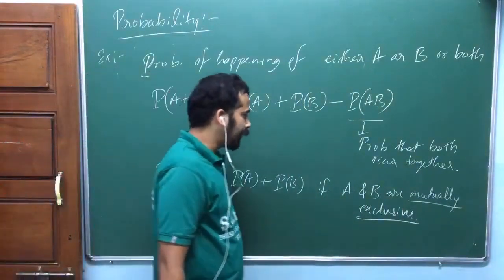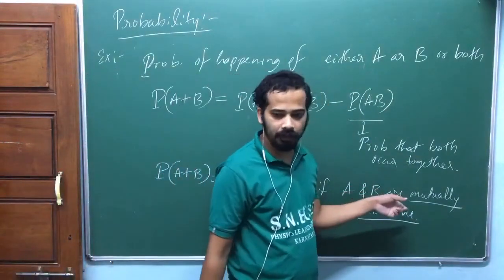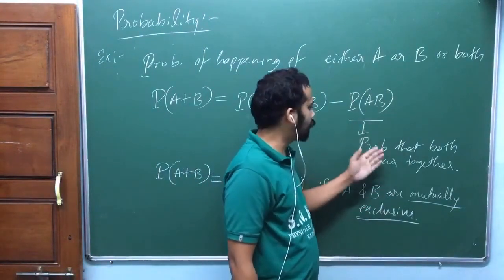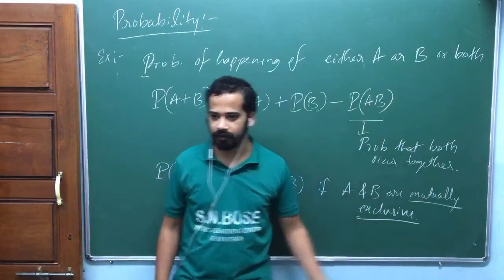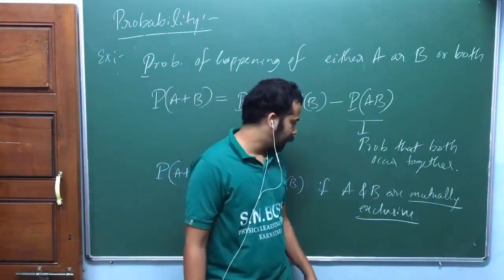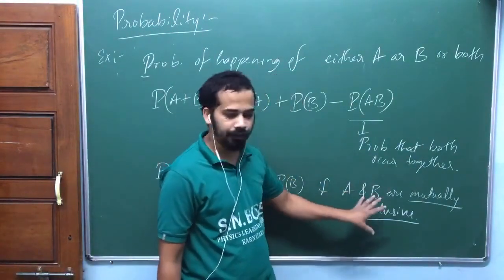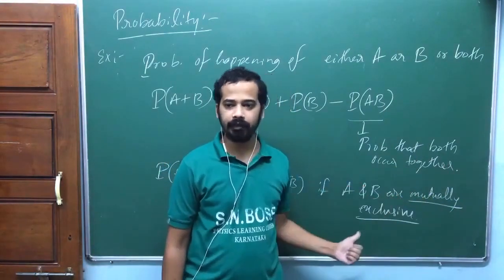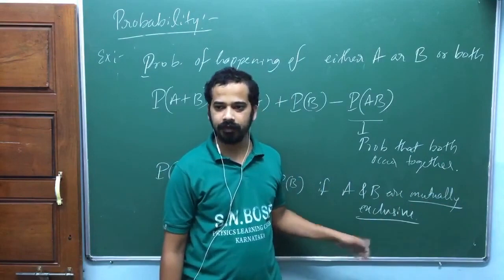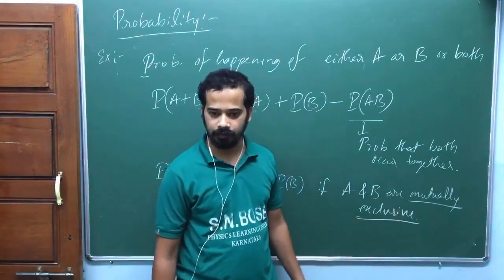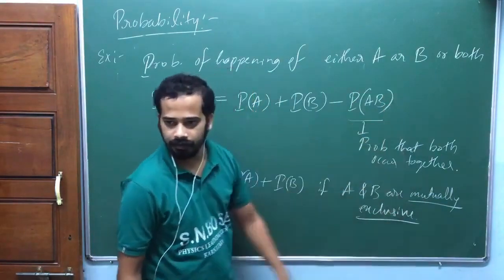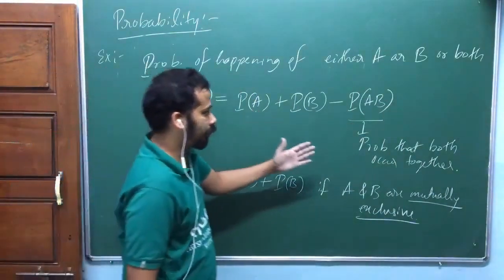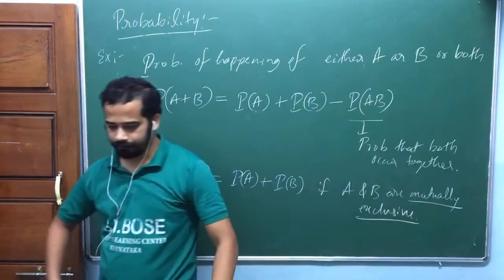Mutually exclusive means if A happens, B will not happen. If B happens, A will never happen. Then there will be no probability of them happening together, isn't it? If A happens, B will not happen, and if B happens, A will not happen, then they are mutually exclusive. Then this probability is 0, isn't it? That's why we don't have to talk about this one.